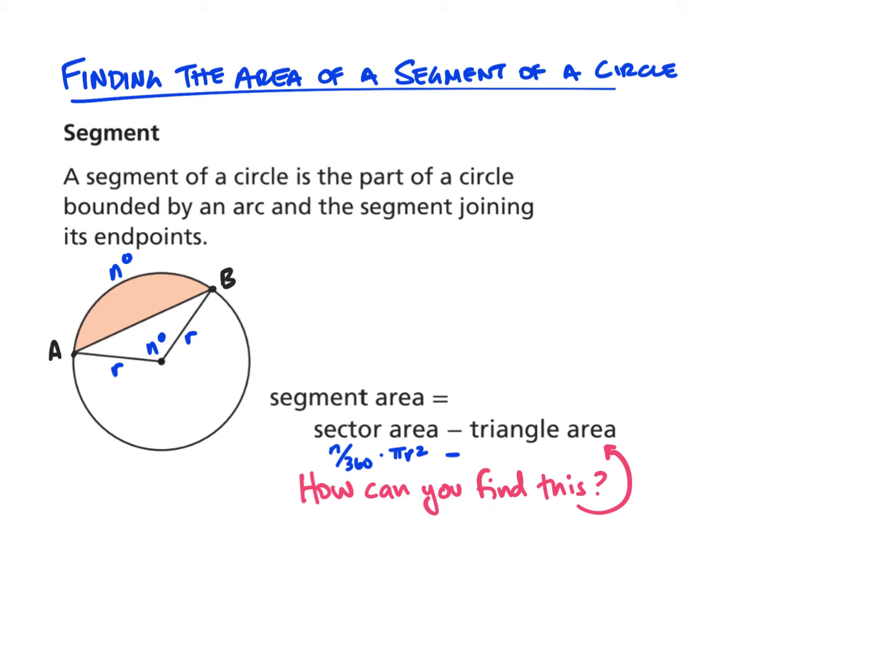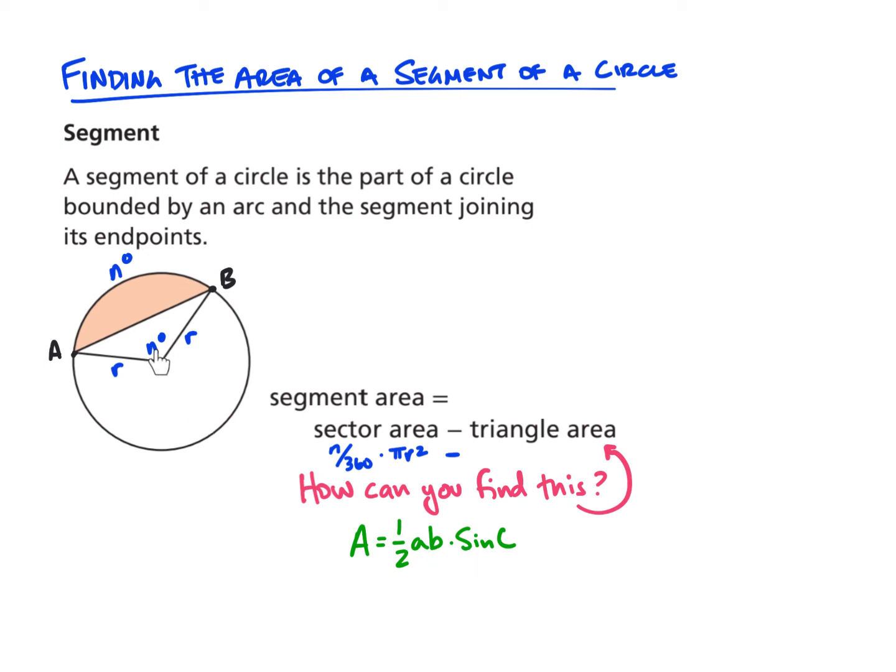A little while back, we learned a formula for finding the area of a triangle: take 1/2 of 2 sides multiplied together times the sine of the angle between those 2 sides. This was a new area formula we learned for finding the area of a triangle. Well, look what we would have.